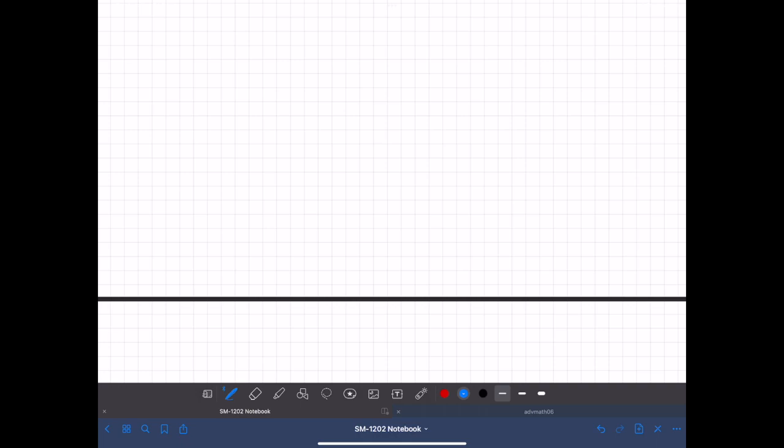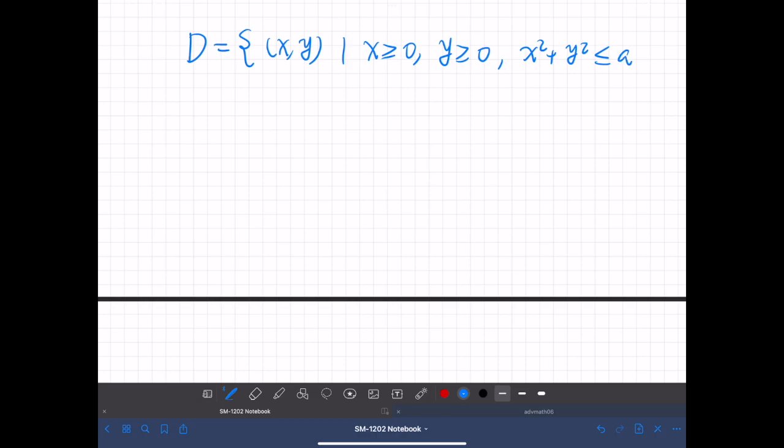Let's see an example that uses the polar coordinates. Let's say the region is defined as non-negative x and non-negative y, and x squared plus y squared is less than a squared, where a is positive.